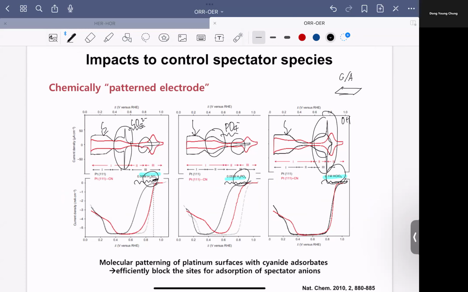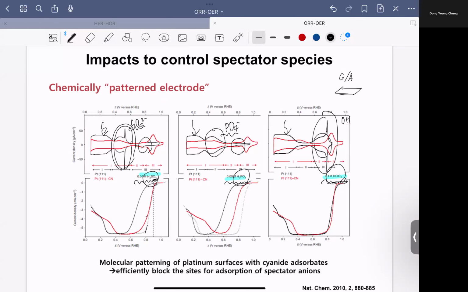So not surprisingly, what about the ORR activity depending on the electrolyte? As you can see, in the case of sulfuric acid, the surface is covered by the sulfuric anion, right? So please keep in mind this gray curve shows the ORR in perchloric acid, right?